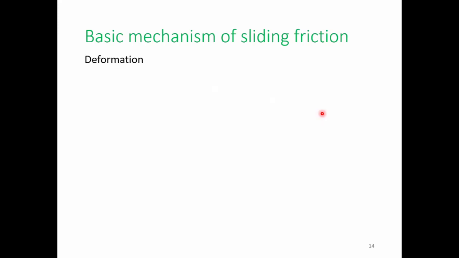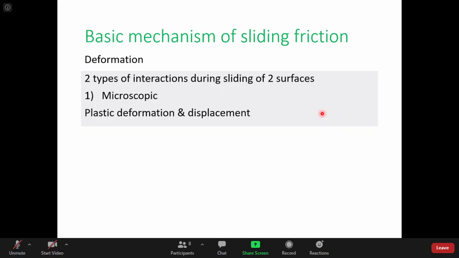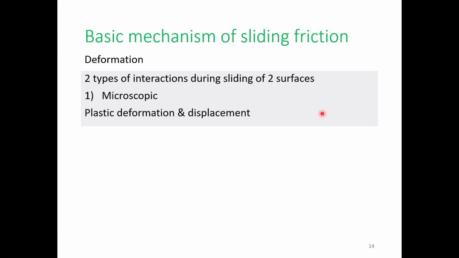Deformation: two types of interactions can occur during sliding of two surfaces with respect to each other. The macroscopic interaction, where primarily plastic deformation and displacement of the interlocking surface asperities are required, and the microscopic interaction, where asperities of harder material result in fracture, tearing, or fragmentation.